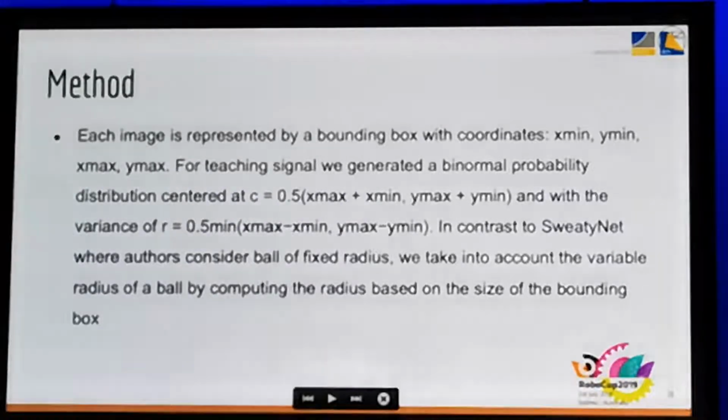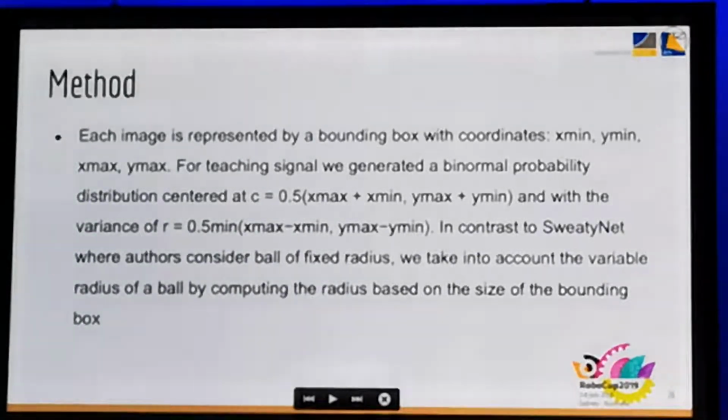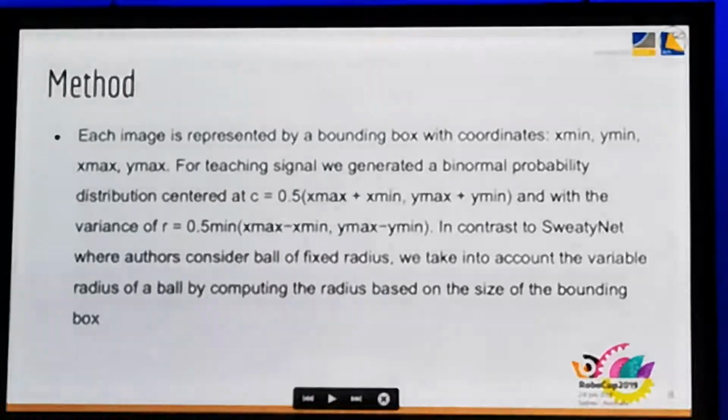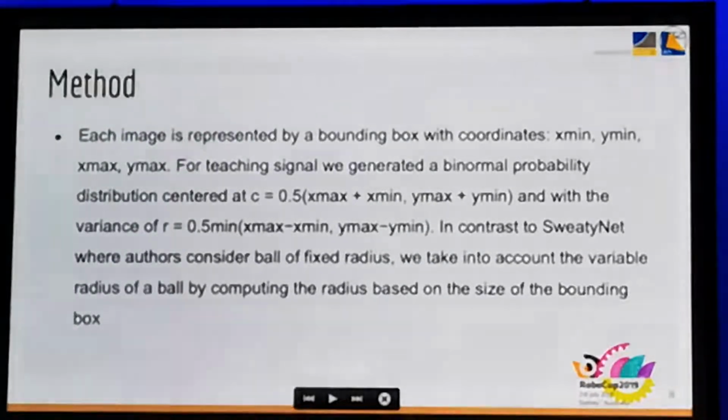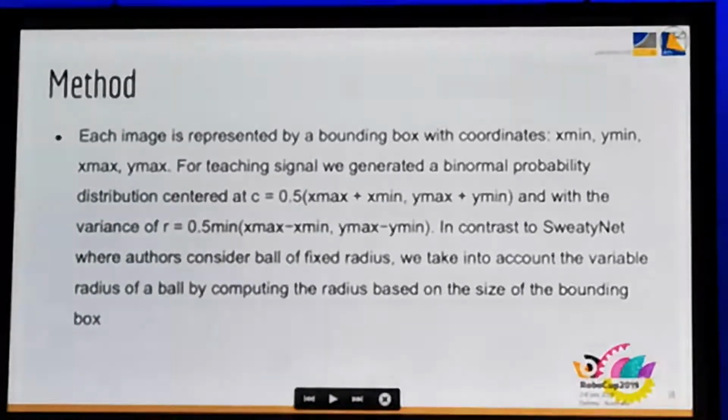Each image is represented by a bounding box with coordinates x min, y min, x max, and y max. For the teaching signal, we generated a binormal probability distribution centered over the center of the bounding box, and in contrast to threading-net, we also detect and produce the radius of the ball.